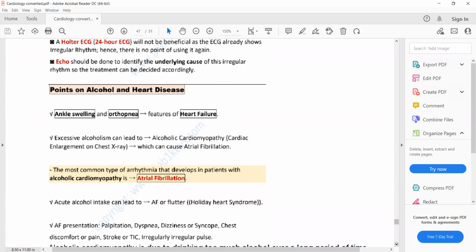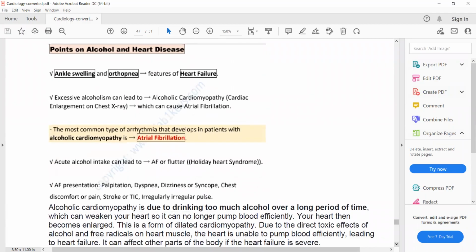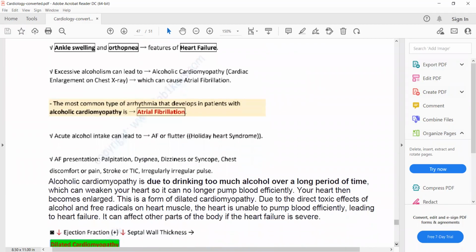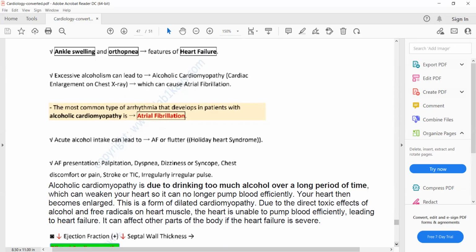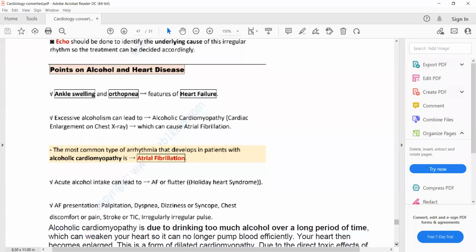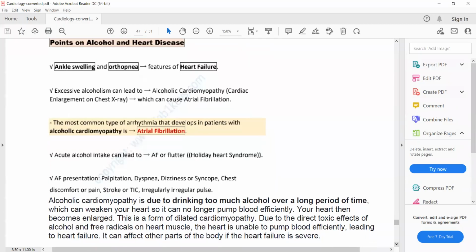Now, alcoholic heart disease or alcohol cardiomyopathy. Someone with a history of chronic alcohol intake presents to you with features of heart failure, then the diagnosis will be alcoholic cardiomyopathy.